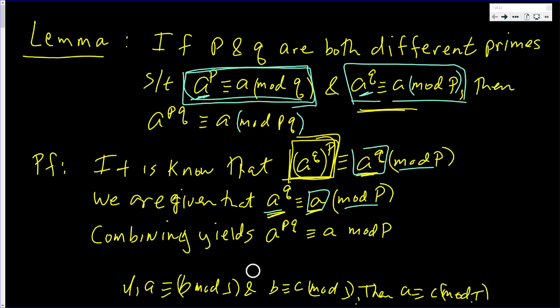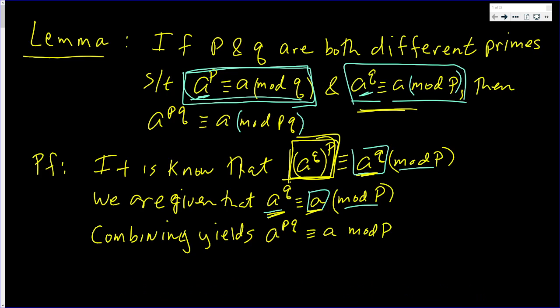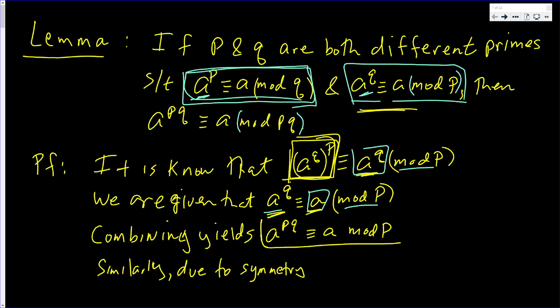Similarly, due to symmetry, I can restate that interchanging p and q. So I'll still call it a to the pq, and this is congruent to a mod q.